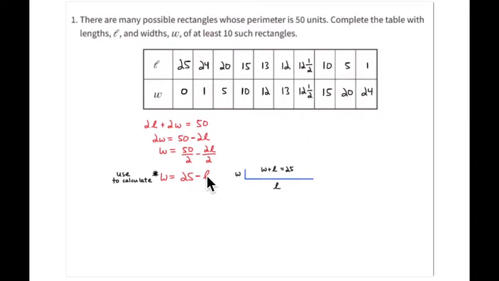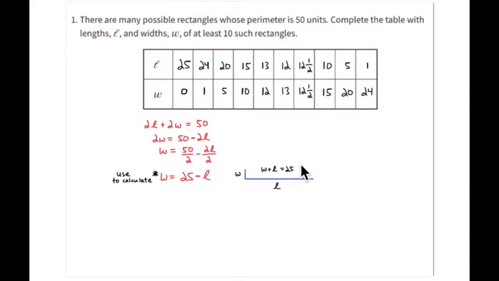So I'm just subtracting the length from 25 to get the width. And so if you look at this little drawing here, I'm taking a portion of the length and I'm adding it to the width. So if I subtract a portion of this length here, I can add it to this width so that these two measures of the rectangle always add to 25 units.